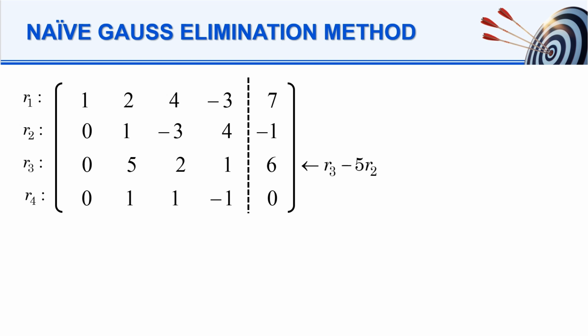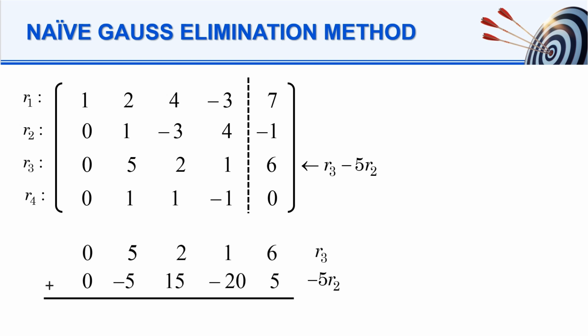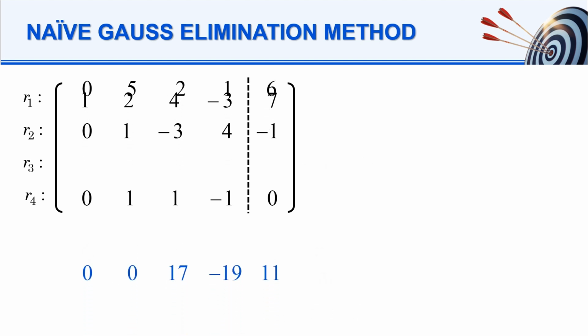To eliminate 5 in the third row, we add -5 times row 2 to row 3. And row 3 is replaced by the resulting row.